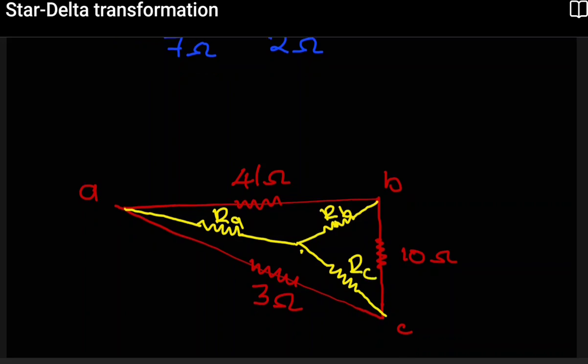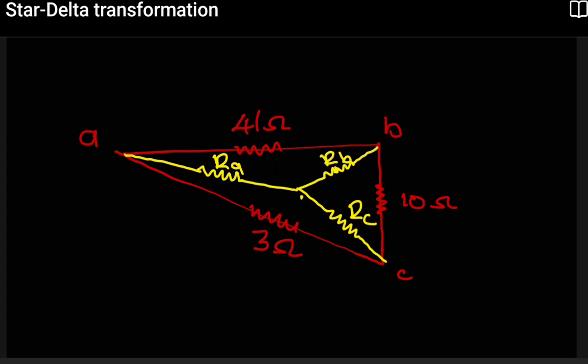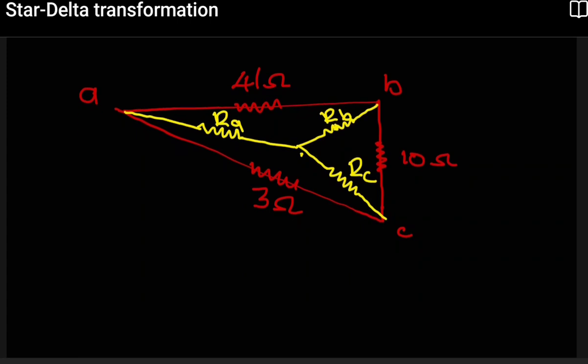Now, how do we make the transformation? Let's find our RA, RB, and RC. Just like before, to find RA, we notice that RA is between 41 ohms and 3 ohms. So to find RA, we'll multiply 41 by 3, then divide this by the sum of all the resistors making that delta.